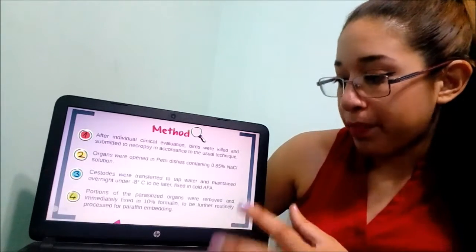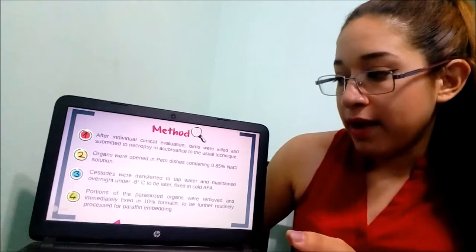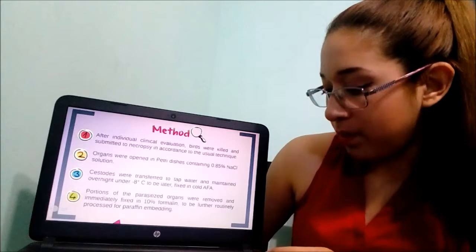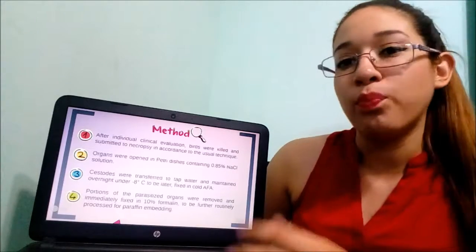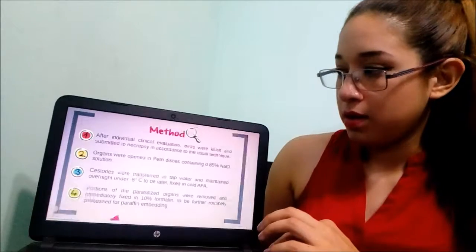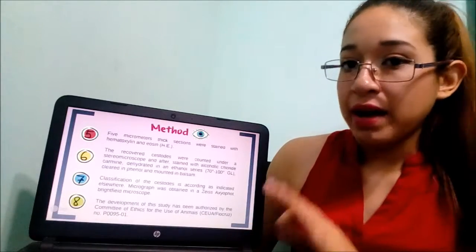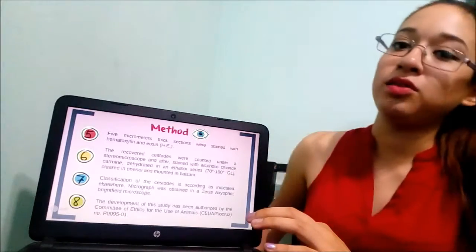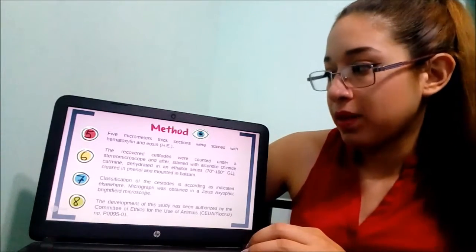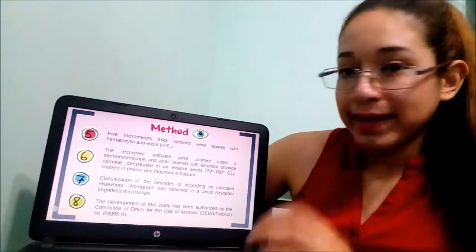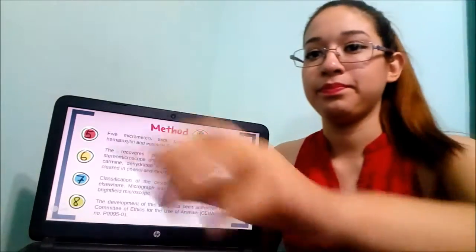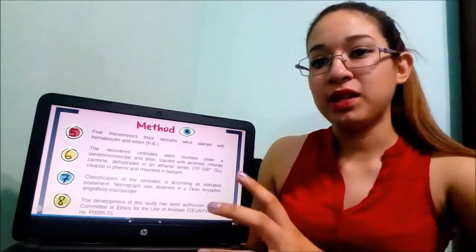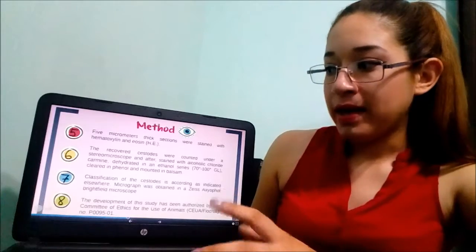Then portions of the parasitized organs were removed and immediately fixed in 10% formalin to be further routinely processed for paraffin embedding. Then 5 micrometer thick sections were stained with hematoxylin and eosin.